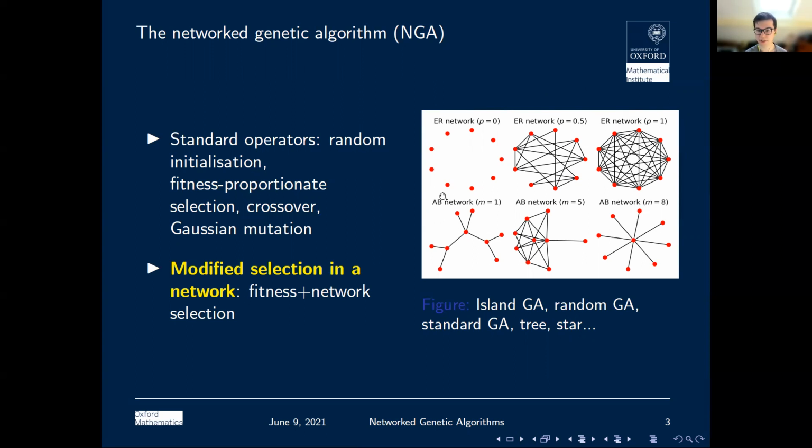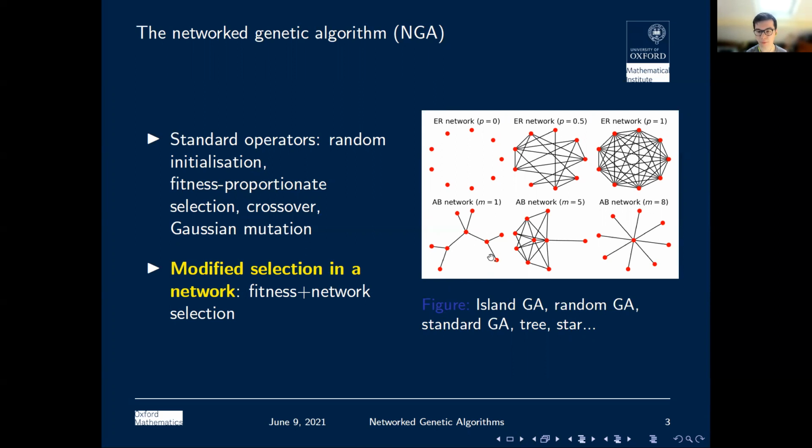In the Albert-Barabasi network, the main mechanism at play is preferential attachment, the idea that well-connected nodes are more likely to attract new incoming nodes, just like the internet, for instance. So the parameter M is just the strength of this attraction. So when it is rather low, the network seems quite balanced.